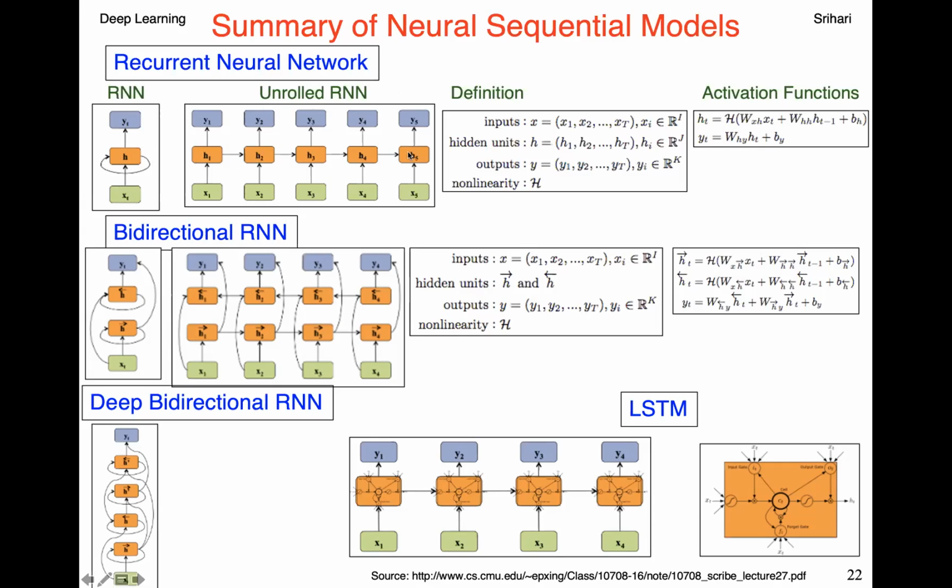This is over a time period: what is applied at time step 1 creates its output here, and that information gets passed along to the next step, which takes as input the next input, and then takes into account what was previously applied.